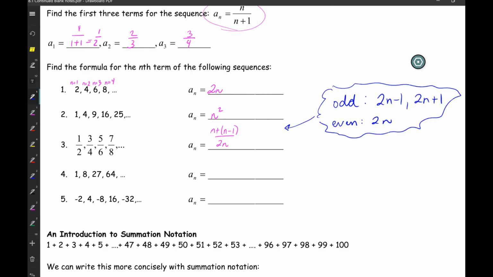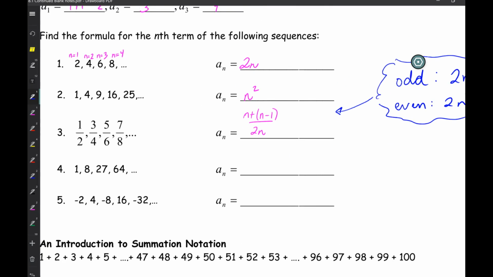Okay, how about the next one? Can someone raise their hand and tell me what the formula was? Olivia. N cubed. Excellent. Nice. And how about this last one? Charlie. I had -1 to the n times 2 to the n. -1 raised to the nth power, perfect.